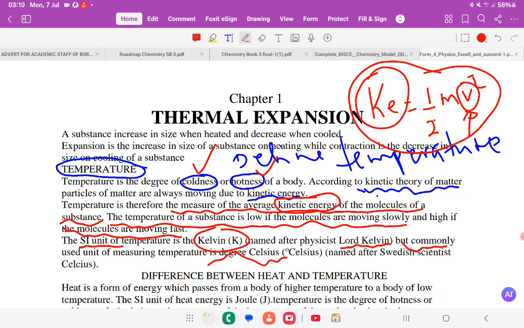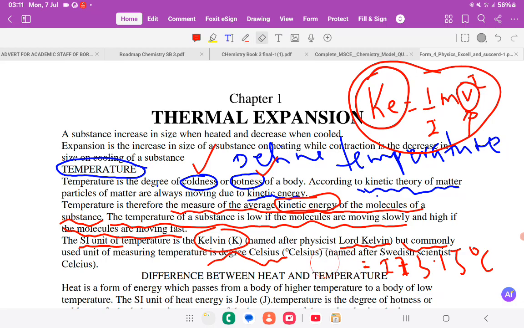However, from your Form 3 physics, you must know that 0 degrees Celsius is as good as 273.15 kelvins. That's very important.